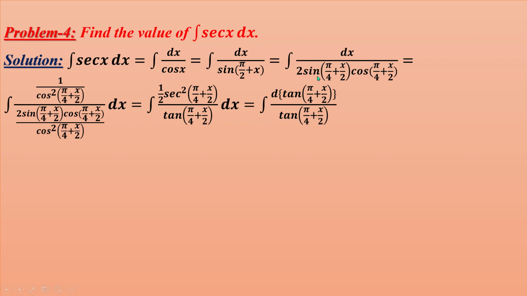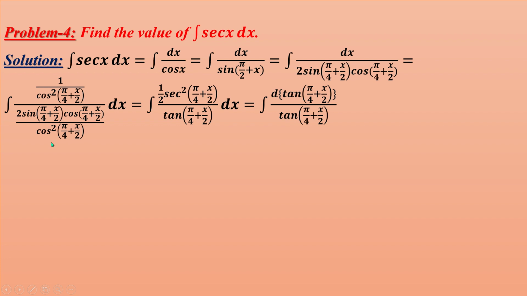Okay, so this equals 2 sin a cos a, and dividing both numerator and denominator by cos square of pi by 4 plus x by 2, the numerator will be sec square of pi by 4 plus x by 2, and this half we can take here.